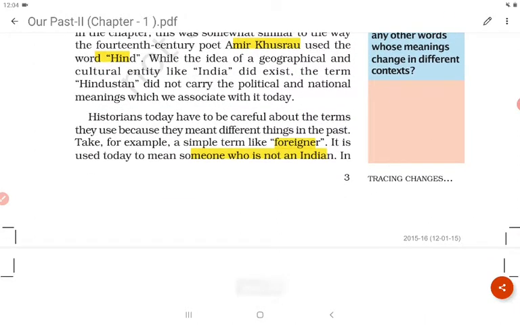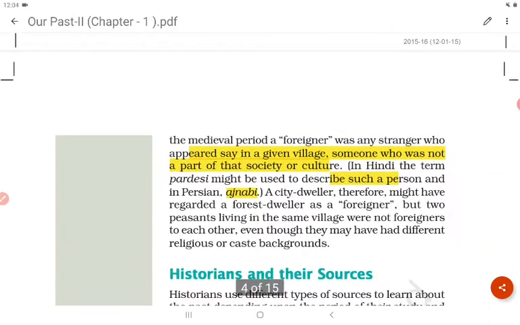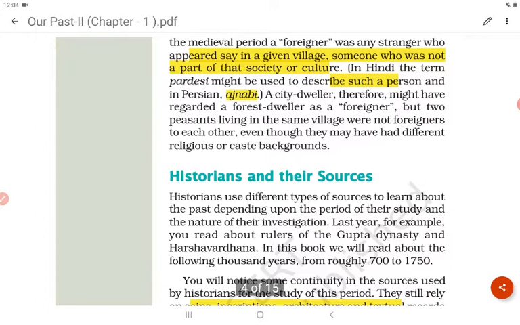And a simple term like foreigner. It is used today to mean a person who is not an Indian. In the medieval period, a foreigner was any stranger who appeared, say, in a given village, someone who was not a part of that society or culture.